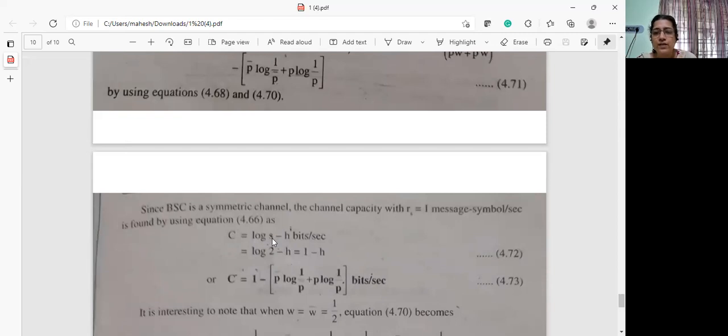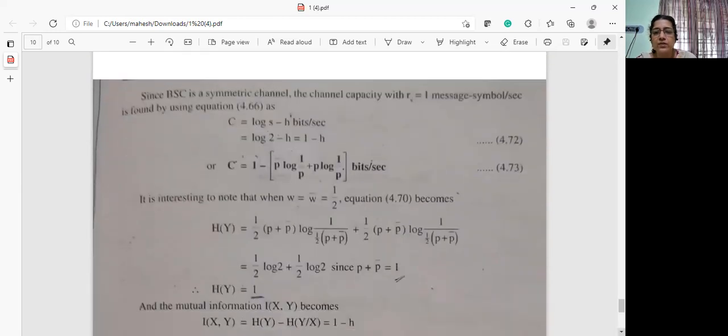S will be 2 because there are only 2 elements, isn't it? So you have log base 2 of 2 minus H, that is 1 minus H. So channel capacity C will be equal to 1 minus P bar log 1 by P bar plus P log 1 by P bits per symbol.